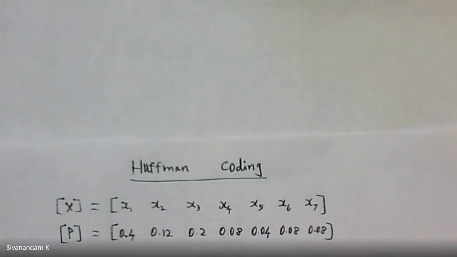The first step is we need to assign the encoding for each and every message. From that, we need to find out the average length of the messages, then entropy, finally efficiency.